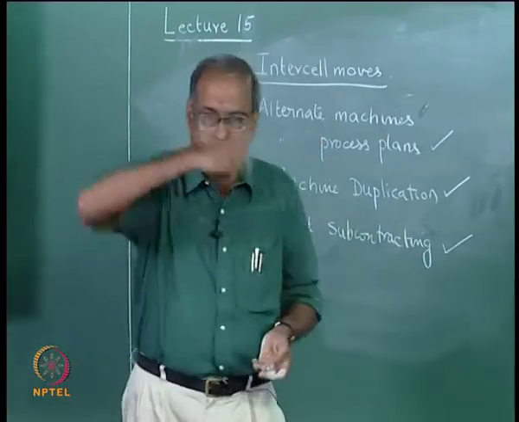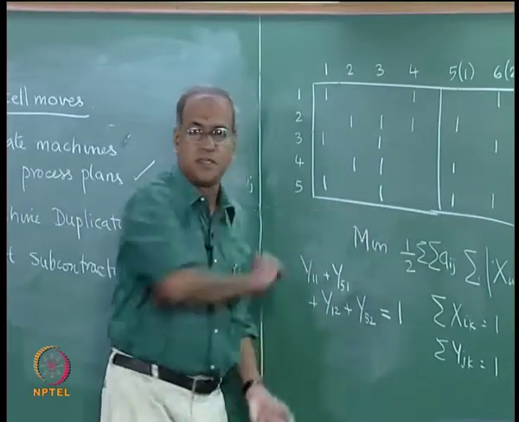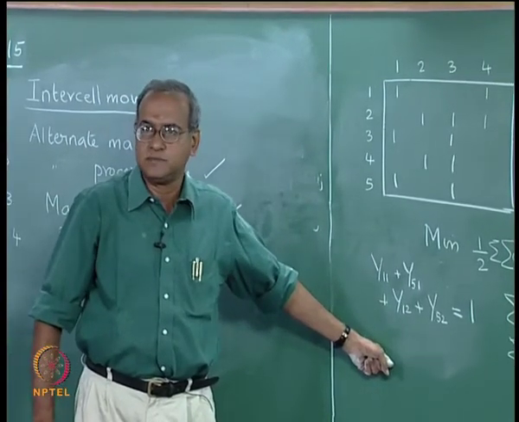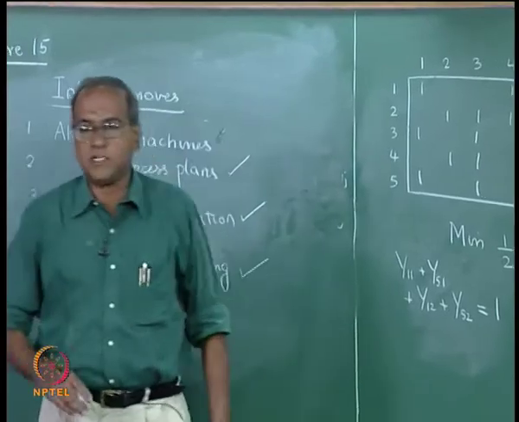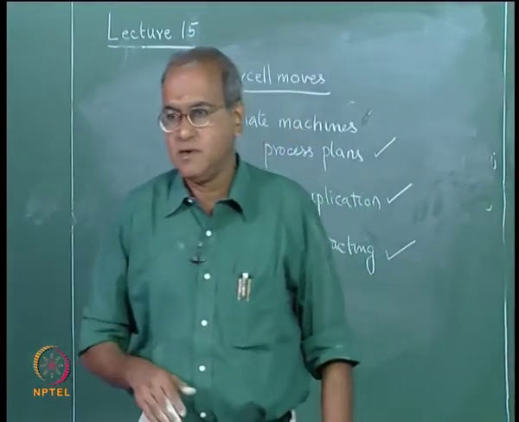So, the problem of alternate process plans can be formulated and brought into an optimization problem by simply adding these 2 constraints. In a similar manner, the machine duplication problem can also be done, and we will see those aspects in the next lecture.